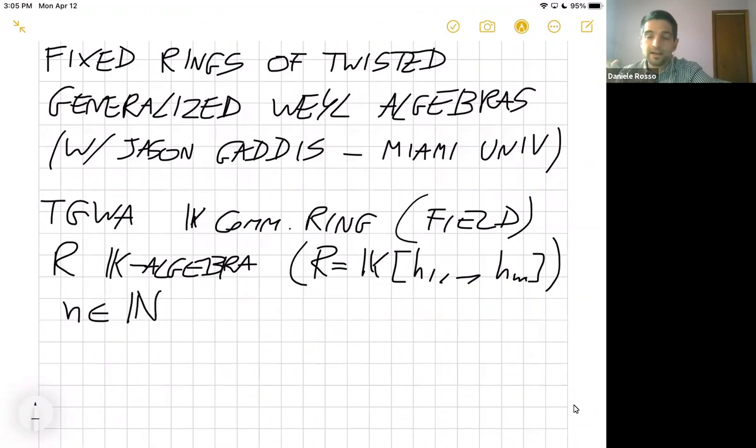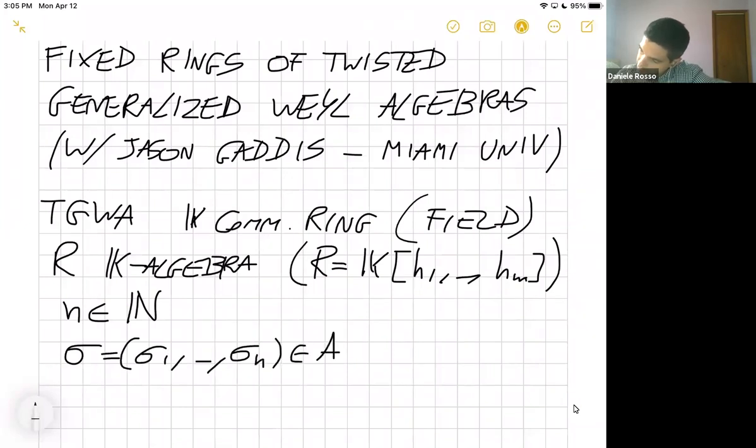And we're going to need to take some data from the ring R. So we need sigma, an n-tuple of automorphisms of R, and they need to commute with each other, so sigma_i sigma_j is sigma_j sigma_i.